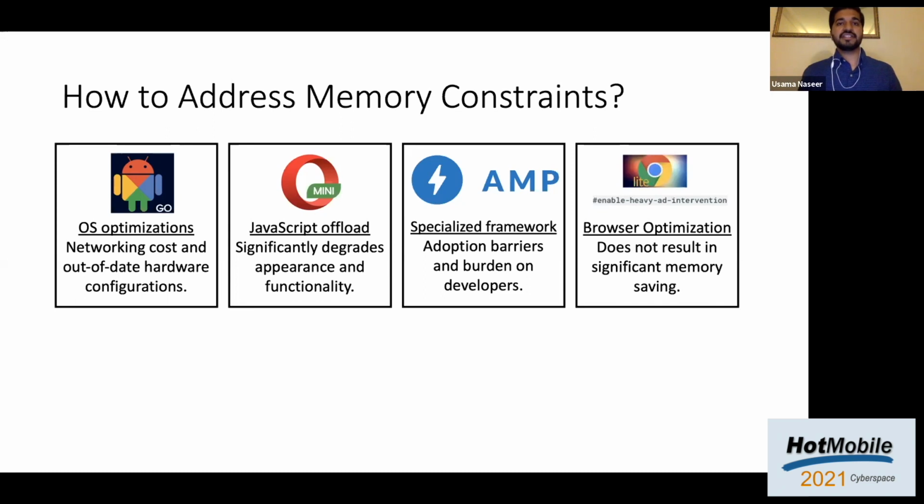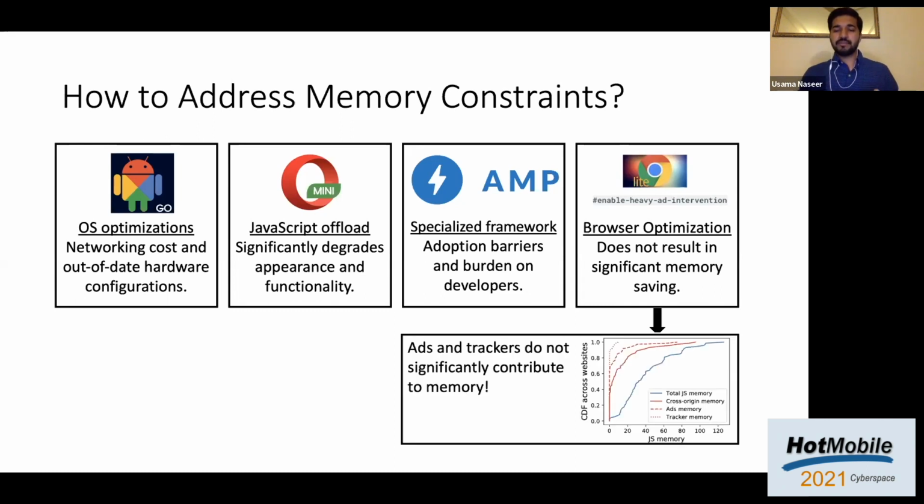Last but not least is browser optimizations. For example, in Chrome, we see optimizations like heavy ad interventions, where the browser terminates JavaScript execution if it sees that the device is running out of RAM. But our measurements show that these interventions are not enough.